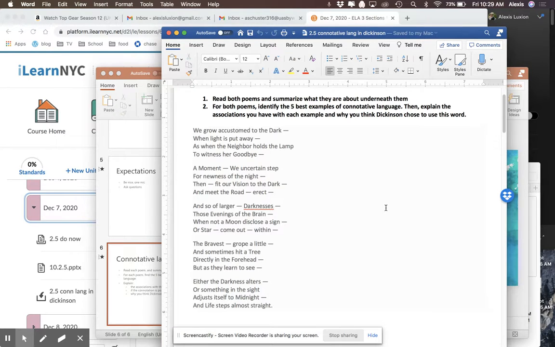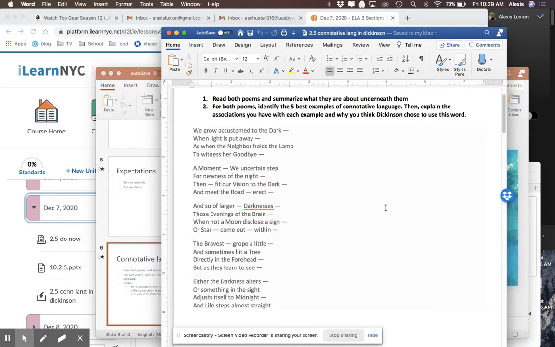And she was also pretty reclusive. So, reclusive means you're just in your house. You don't really talk to people. Very private, very introverted. And she struggled with depression and mental illness. And so that's a lot of what she writes about. Okay. So let's keep that in mind as we read these two poems and try to figure out what they're about.